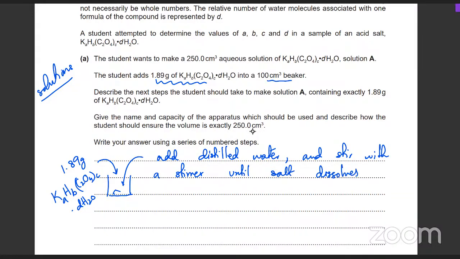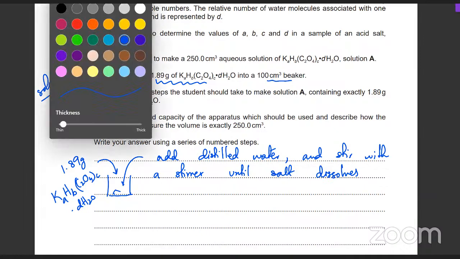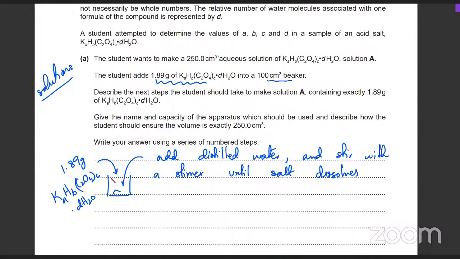So it's eventually going to become a solution.